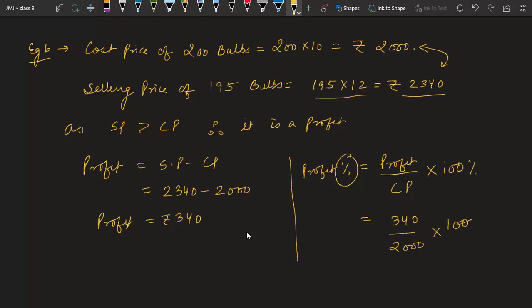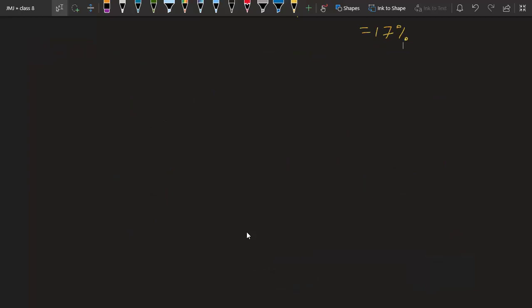This 0 will cut with this one, this 0 with this one, and we will get 17 twos are 34. So the profit percentage is 17%, profit he has got. Okay, now let's take the next example.